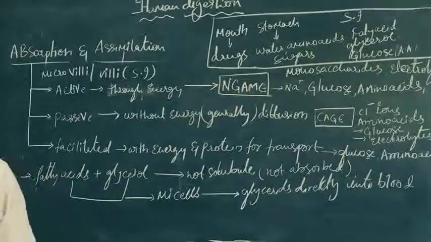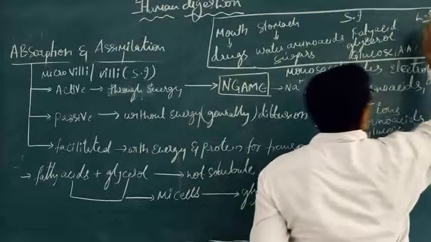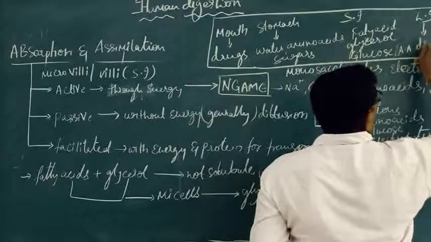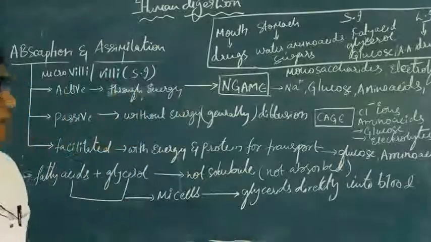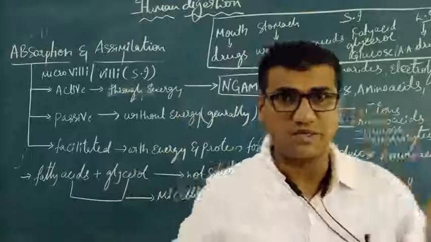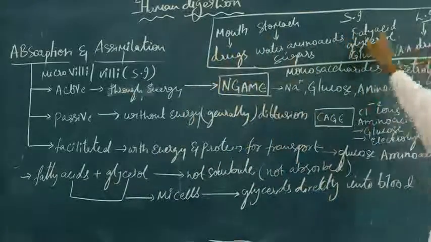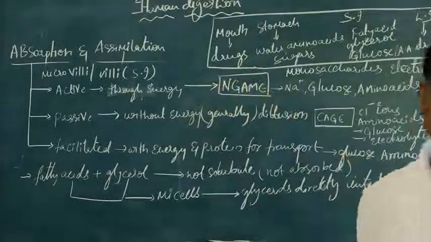In the large intestine, certain drugs are absorbed. So that is the different types of absorption in the different parts of the digestive system where the absorption takes place.